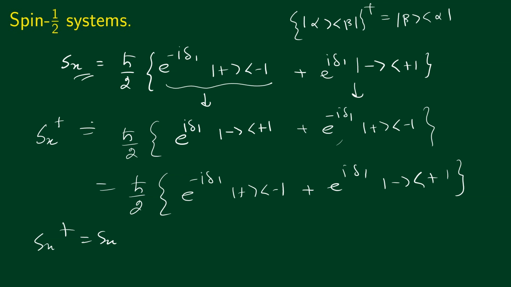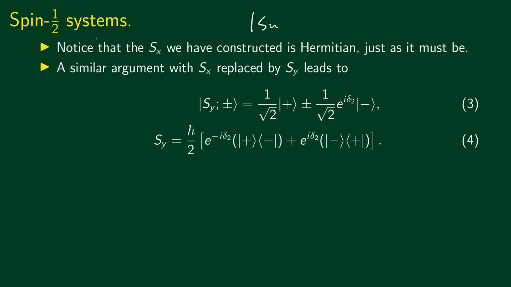Okay. Now we got ket Sx plus minus and operator Sx. The arguments for the case of Sy are also exactly the same. So you carry out exactly the same arguments that we used to determine Sx plus minus and operator Sx. We'll see that Sy plus minus has exactly the same form. It's 1 by root 2 ket plus minus 1 by root 2 e raised to I delta 2 ket minus. So instead of delta 1 over there, I'm using delta 2 here. That's all. And Sy operator again has the same form.